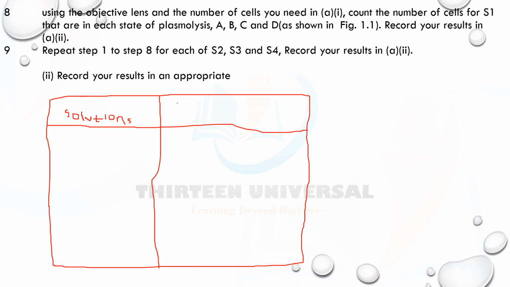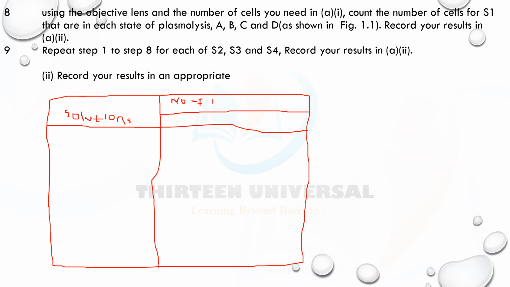If you check this, we counted the number of plasmolized cells in each stage, right? So, number of plasmolized cells, because that's what we're asked to count.